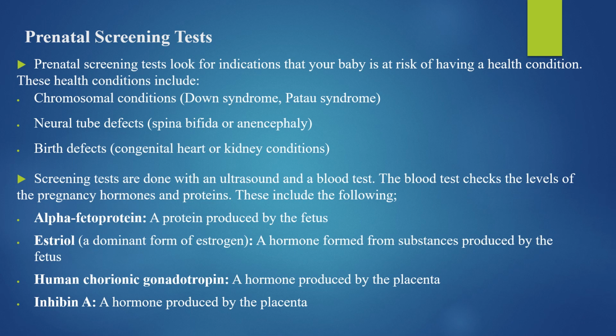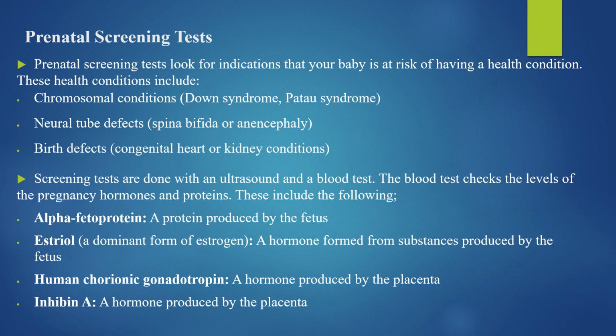Now, screening tests are done with an ultrasound and a blood test. The blood test checks the levels of the pregnancy hormones and proteins. These include the alpha fetoprotein, a protein produced by the fetus, then estriol, a dominant form of estrogen, that's a hormone formed from substances produced by the fetus, then the human chorionic gonadotropin, that is produced by the placenta, then inhibin A, which is also a hormone produced by the placenta.